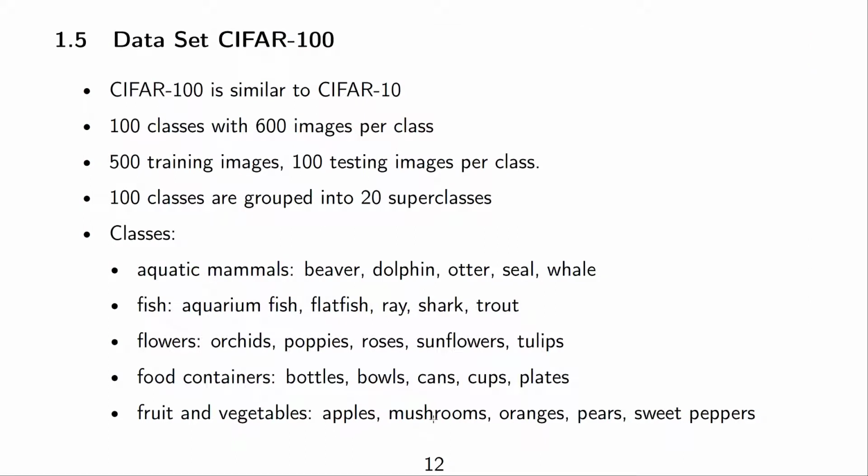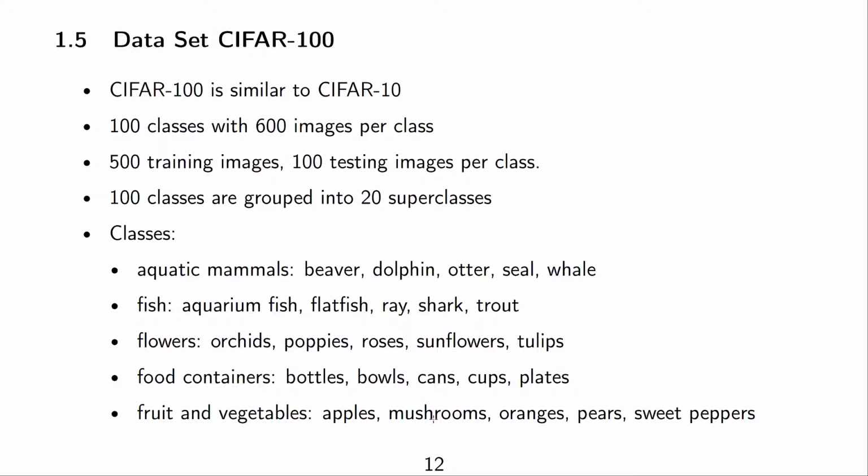There's a related dataset called CIFAR-100, and CIFAR-100 is similar to CIFAR-10. Now we have 100 classes with 600 images per class. That means the dataset doesn't get a lot bigger, we just have a lot more classes and fewer images per class.